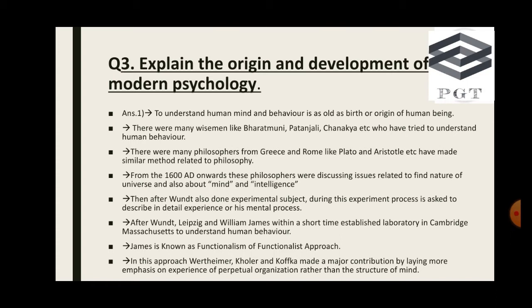James is known for the functionalist approach. In this approach, Koffka made a major contribution by laying more emphasis on the experience of perceptual organization rather than the structure of mind.